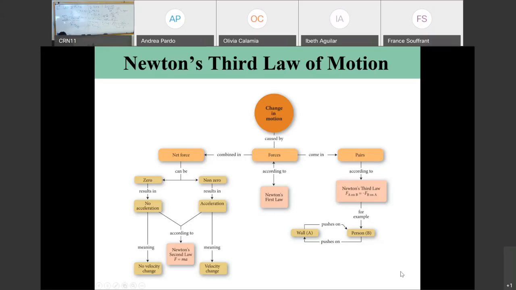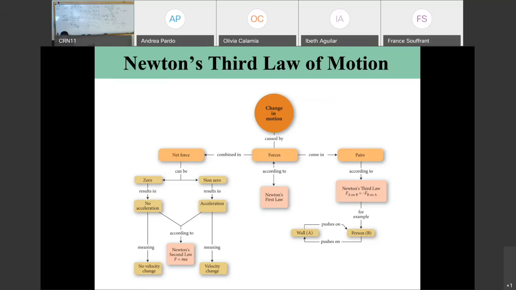If they are caused by forces, according to Newton's first law, you can be in equilibrium, or if there is a net force, then you can have a non-zero value here, and then you have an acceleration. If they equal 0, you will have no acceleration.